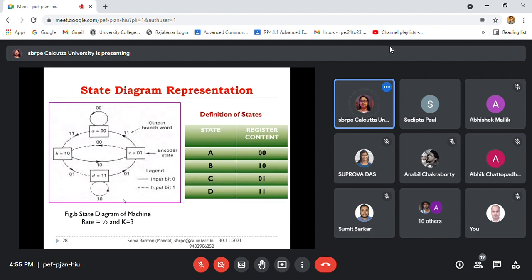Nodes are connected by branches. These are the branches, represented either by a dash line or a solid line. One node is connected to another node by these branches, and the branch output is represented just on top of the branch, that is U1 and U2.